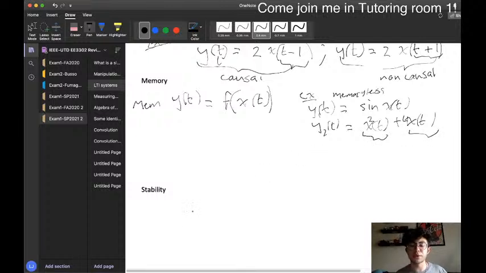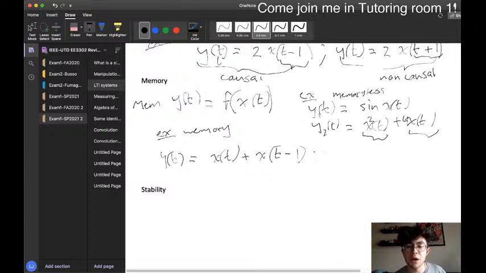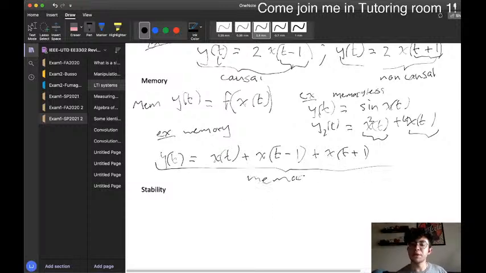And a simple example with memory is one where the output depends on a shifted version of the input. So if we incorporate information from x of t minus 1, or x of t plus 1, or x of t minus 2, then this is going to be a system that has memory, because it depends on values of x that are not currently present.